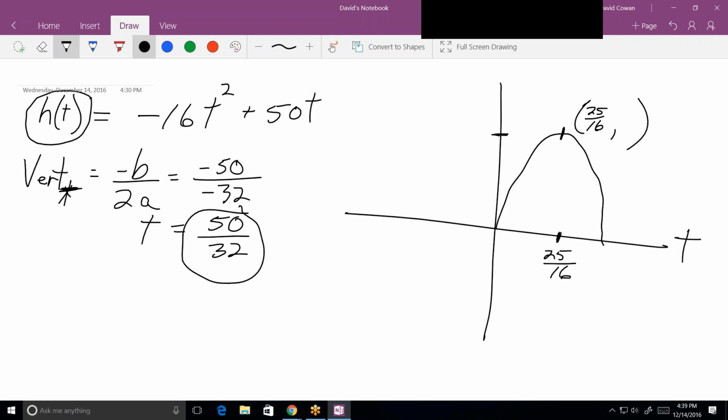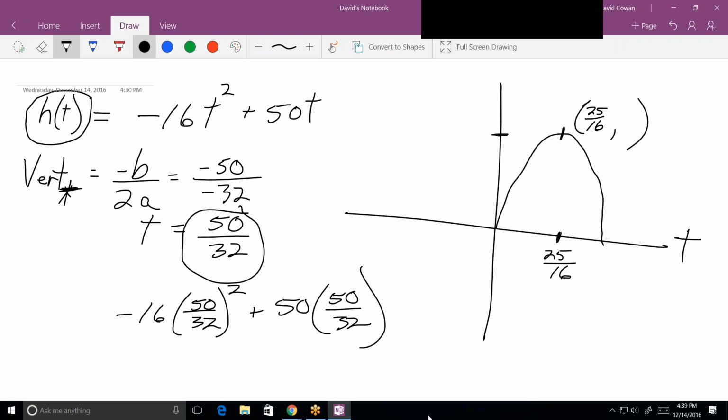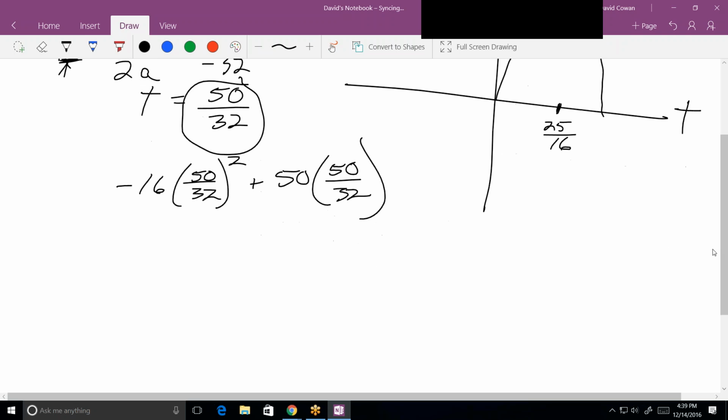So now let's plug that in. Minus 16 times 50 over 32 squared plus 50 times 50 over 32. That will be your answer for what the height is. Let's see, I think I can do that.